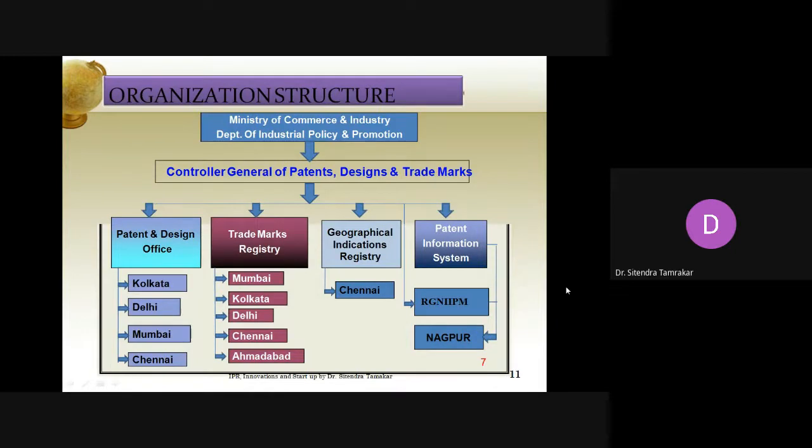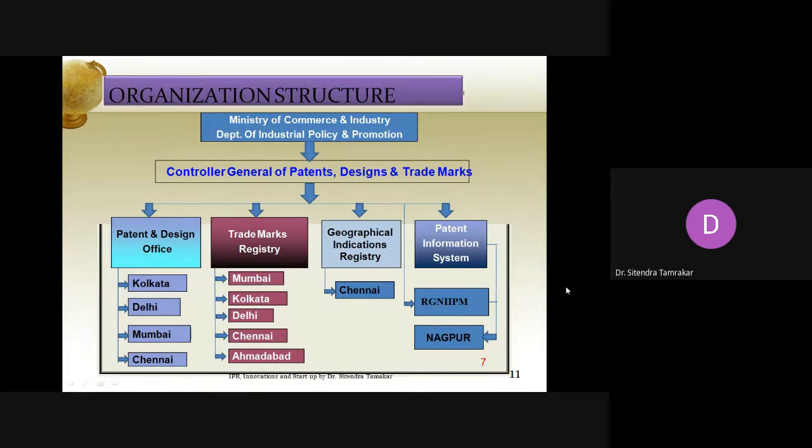So we'll see the organizational structure, like where this patent comes from and what the hierarchy is. It comes under the Ministry of Commerce and Industry, Department of Industrial Policy and Promotion, and the Controller General of Patents, Designs and Trademarks. They take care of all IPRs in India. We are talking in the reference of the Indian domain only.